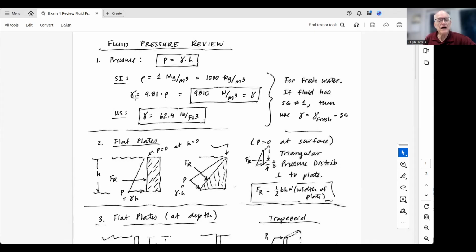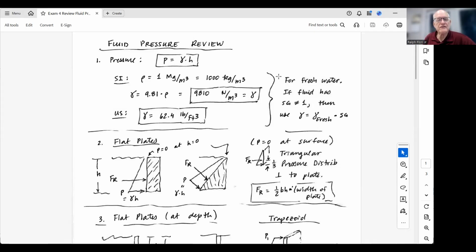And so gamma is a specific weight, which is 9.81 times rho. If you take 9.81 times 1,000, you get 9810 newtons per cubic meter for gamma for fresh water. And this is a common number that we'll use.